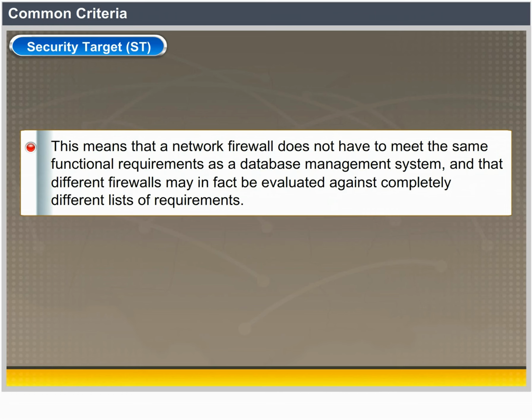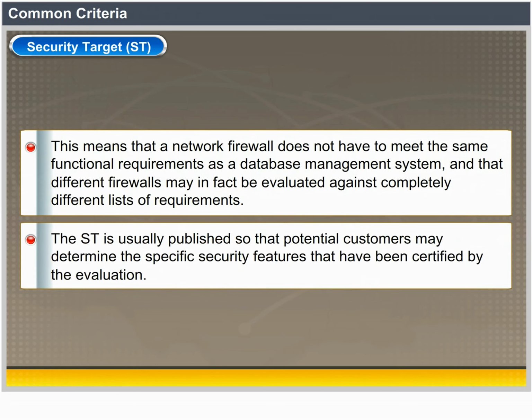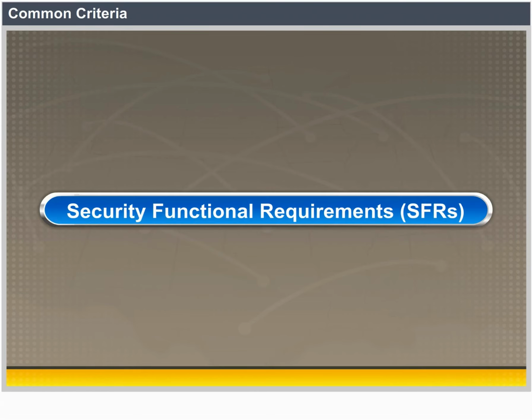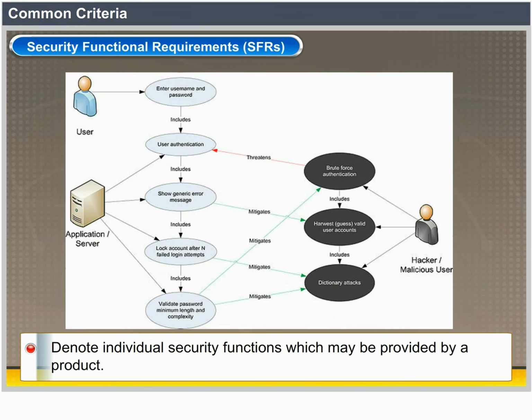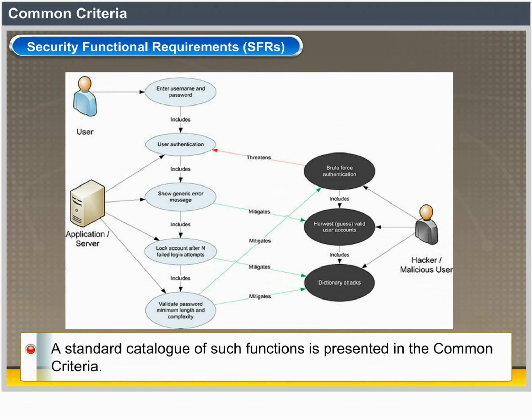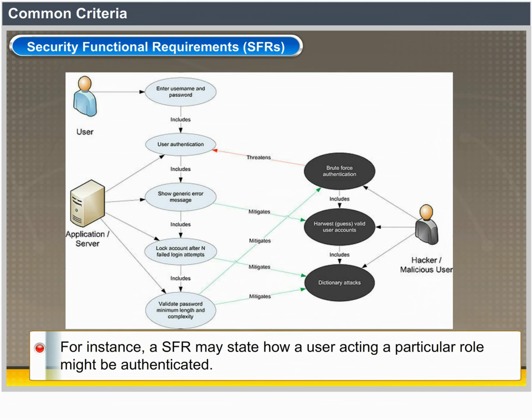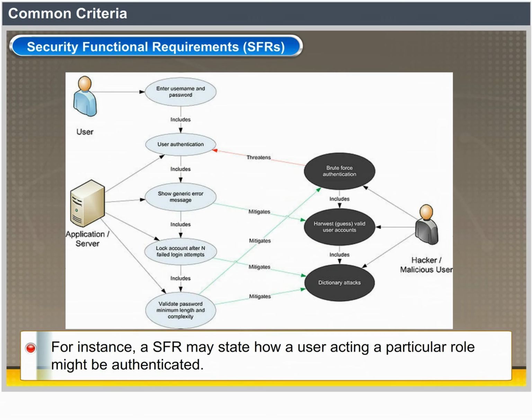The ST is usually published so that potential customers may determine the specific security features that have been certified by the evaluation. Security Functional Requirements, SFRs. Specify individual security functions which may be provided by a product. The Common Criteria presents a standard catalog of such functions. For example, an SFR may state how a user acting in a particular role might be authenticated.